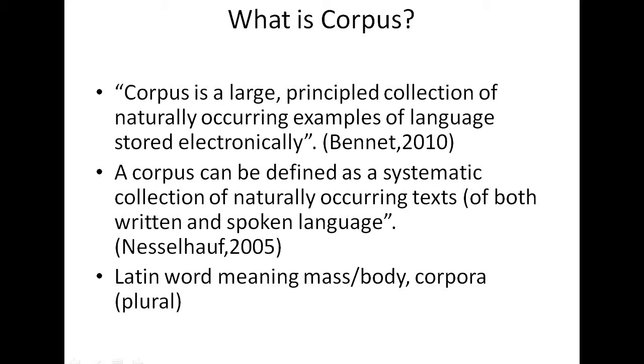What might be the rule that plays its part in the collection of electronically collected data? The rule may be, for example, that I am going to collect only the fiction of English literature. So this is the rule that will work behind my collection of corpus.